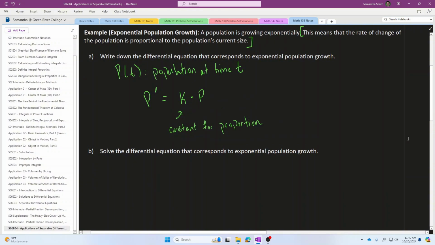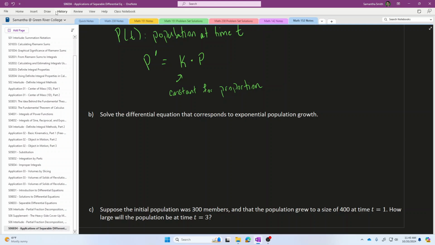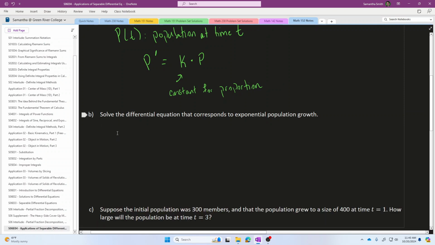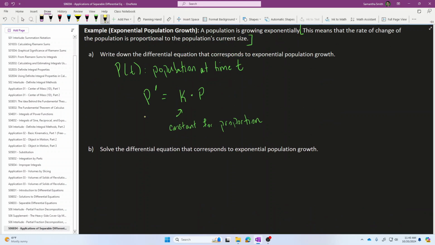I think that we can solve this differential equation using the technique that we introduced in episode 3. I think this differential equation is separable. And to verify that, I'm going to go ahead and try and separate the output variable p from the input variable t.